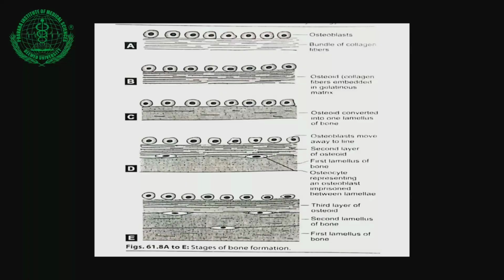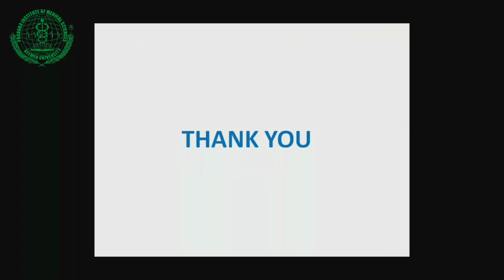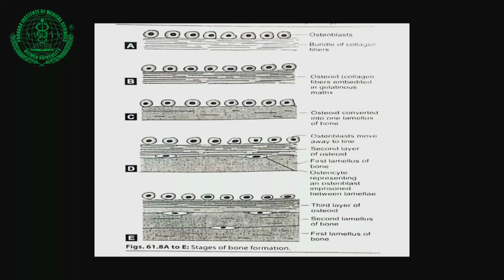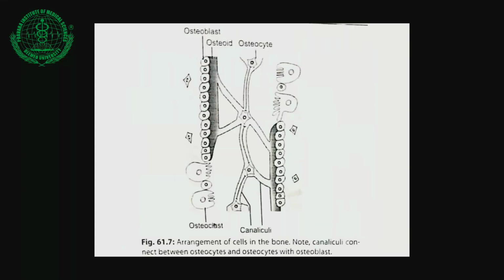As you have studied more details in the previous diagrams, we have shown in the diagrams the stages of the bone formation, and the role of osteoclasts, osteoids and osteocytes.